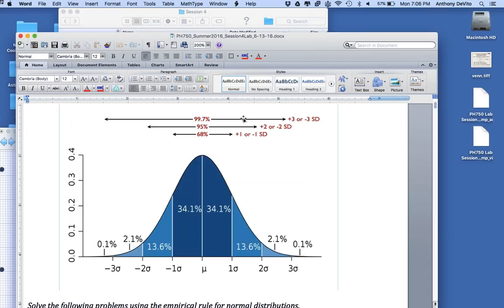And 95% of the population is approximately two standard deviations below the mean to two standard deviations above the mean. And if I go as far as three standard deviations away from the mean, I will have 99.7% of that population captured between that range.